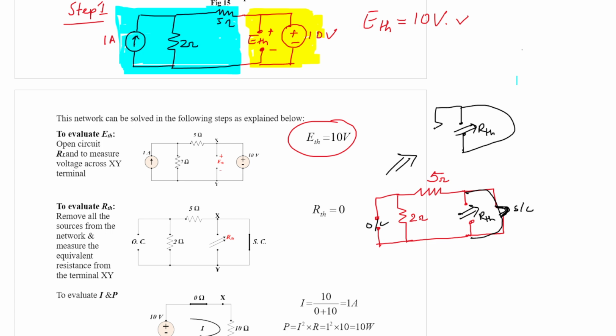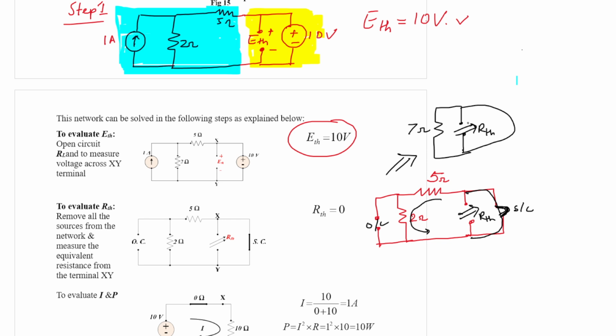Another path is this path with a resistance of 7 ohm, because these 5 and 2 ohm are now connected effectively in series, since this is an open circuit terminal. So with respect to this load terminal, there are 2 paths. One is 7 ohm and another one is the short circuit path.